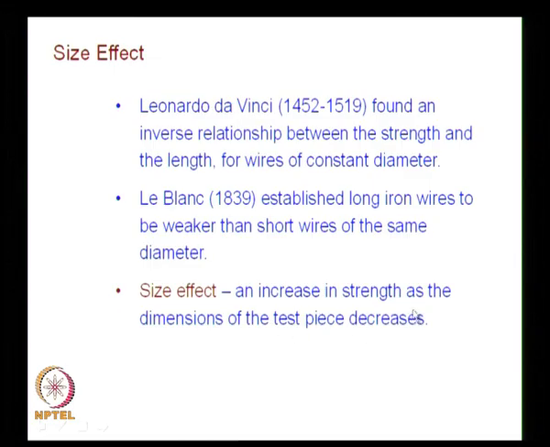There are two drastic conclusions. Now, this kind of a conclusion we cannot make now. So, in those days when they were struggling to find out why the theoretical strength was not achieved in actual practice, they observed when the size of the specimen decreases, the strength increases.